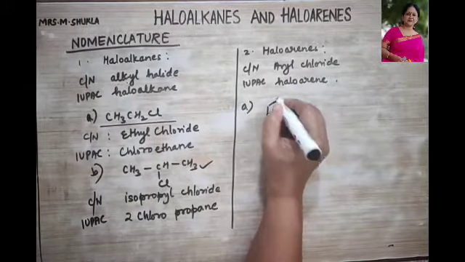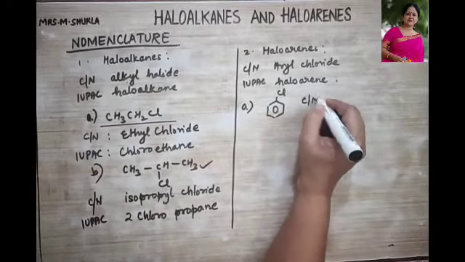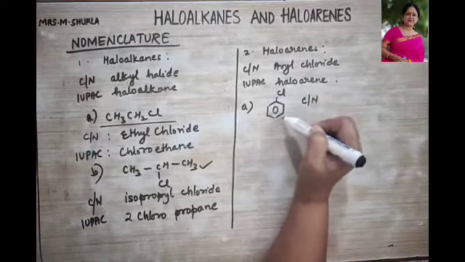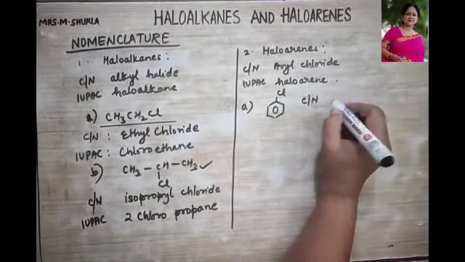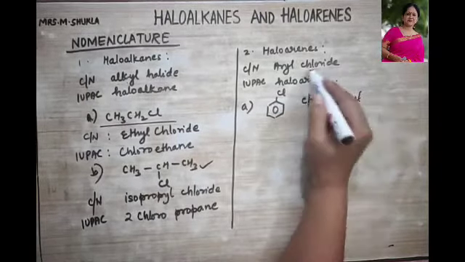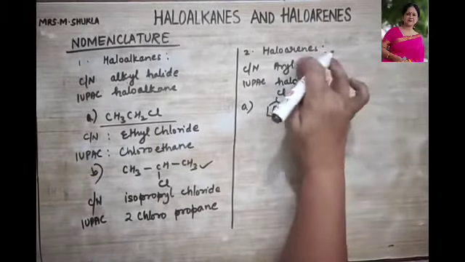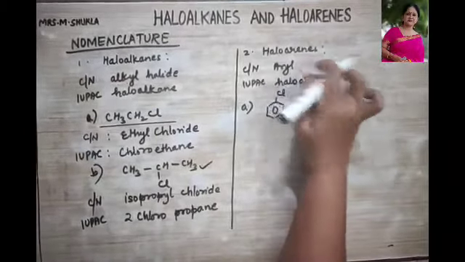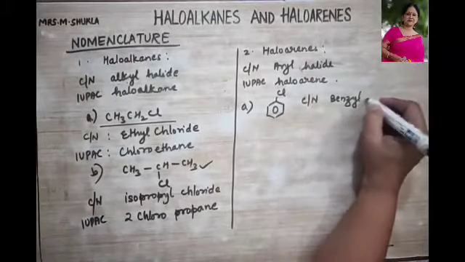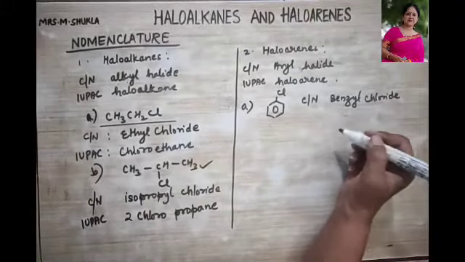If I take this, okay, so write down the common name to it. The common name of this will be what? Aryl halide. Halide is what? Chlorine. So chloride. Okay, phenyl chloride.